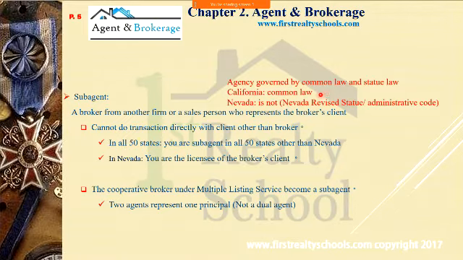So in California, we call it common law. It is pretty much based on court orders. We need to study the history of the court orders. We will have at least two examples later in the chapters.